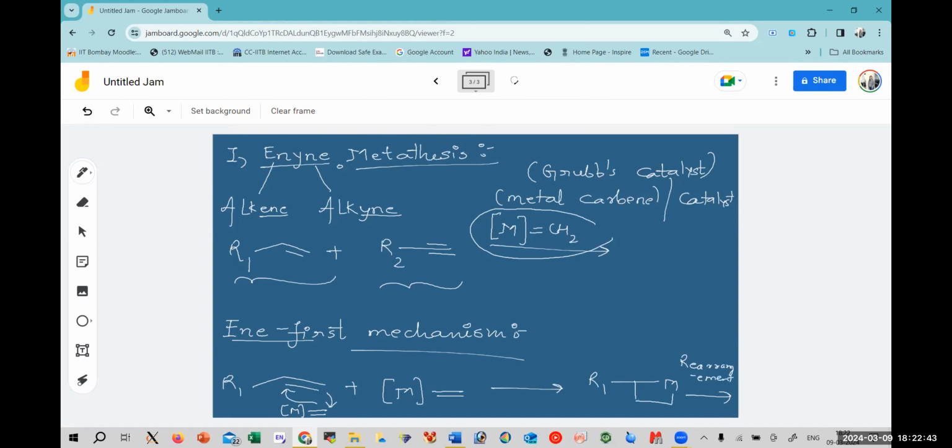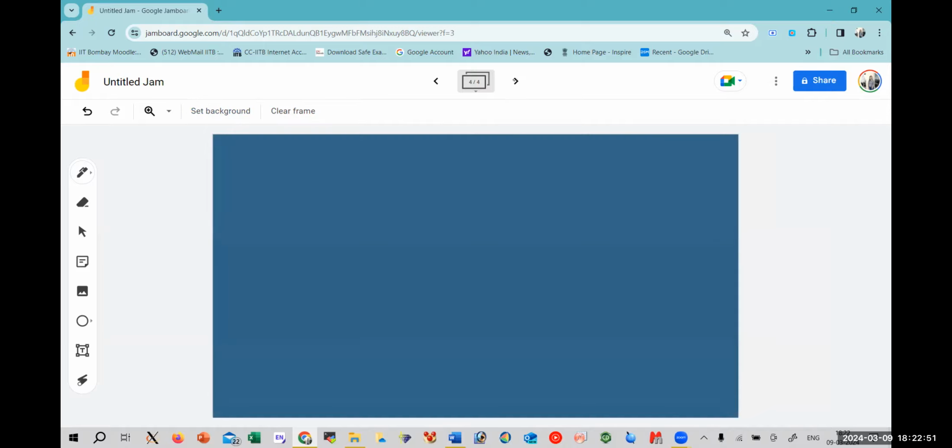Earlier this was having a bond with each other. Now this will have a bond and CH2 would be released. I'll draw it in the next step. So what I was showing is that if we have R1, M, CH2, now this will be getting rearranged.